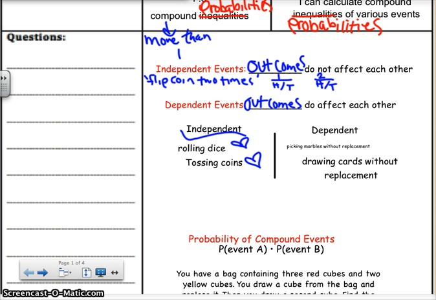Dependent would be if I picked marbles and I didn't replace them. Let's say I have a bag full of blue and green marbles. If I pick a marble, the probability of my marble being blue at first is what, 3/5?